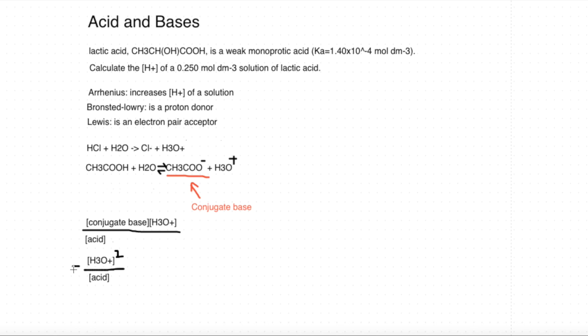Going back to the original idea, this equation represents the acidity, the degree of dissociation going on from the acid, and we call this Ka, the acid dissociation constant.